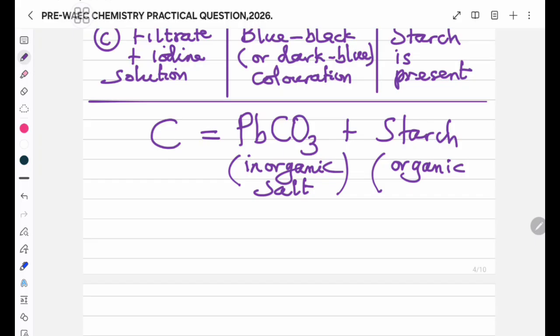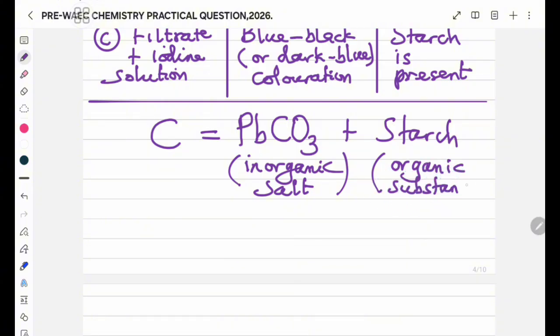Use the general word, substance. Whether it's a salt or not, both of them are substances. But precisely, the PbCO3 is a substance that is also a salt.